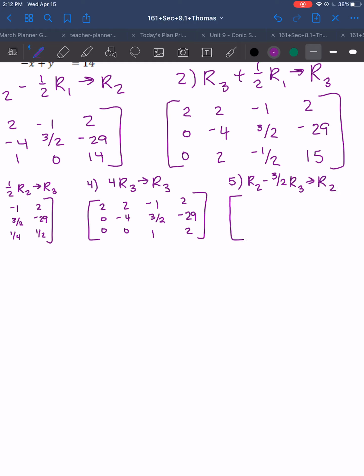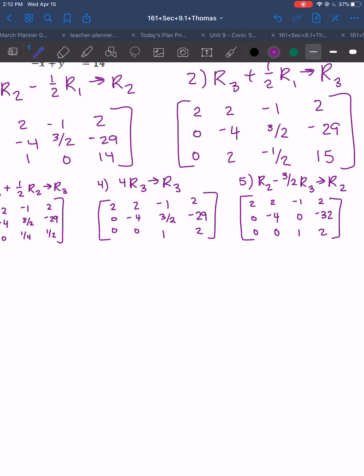And these row operations are not the end all be all. You could have other things to think about when you do this. That's up to you, but this is just how I thought about it. So 2, 0, 0, 2, -4, 0, -1, 0, 1, 2, -32, and 2.